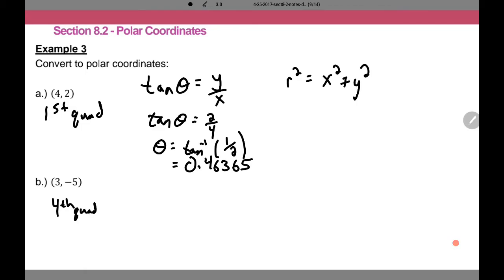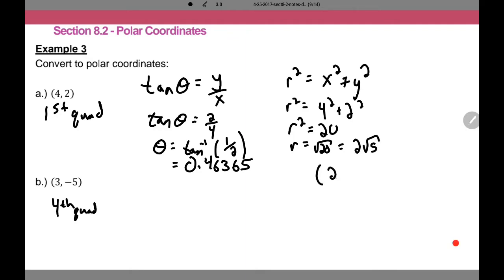And then r is going to be 4 squared plus 2 squared, so that gives me 16 plus 4, which is 20. So r is equal to the square root of 20. If you remember right, you can pull 4 out of that. Square root of 4 is 2, square root of 5. So if we were to write this as a coordinate, we would do 2 square root of 5, comma, 0.46365.